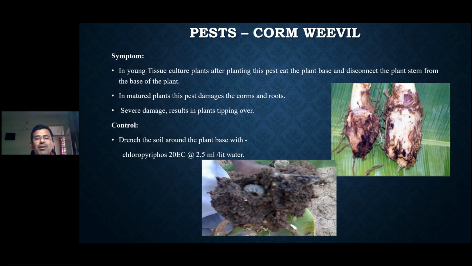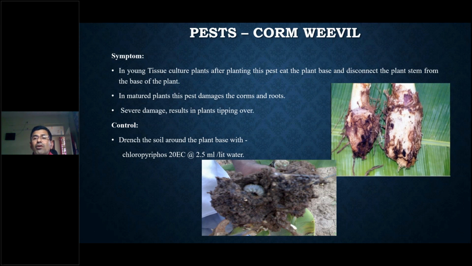You can see in the bottom photo the rhizome weevil larva stage, a white colored grub. It cuts the base of the plant into two portions.